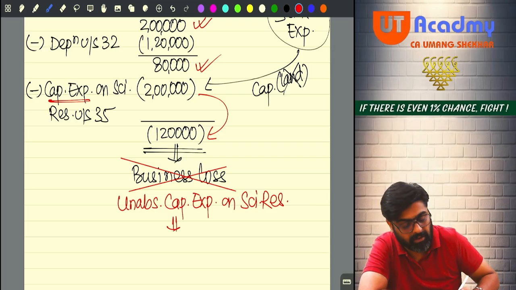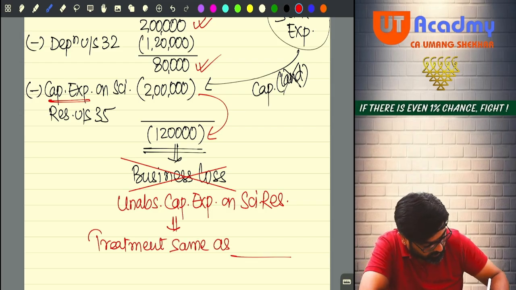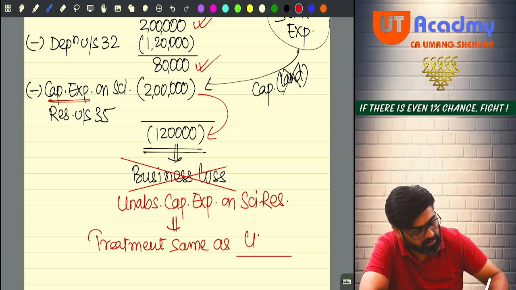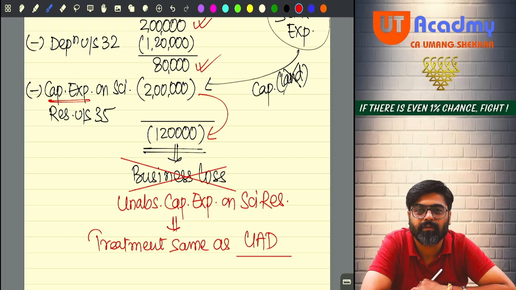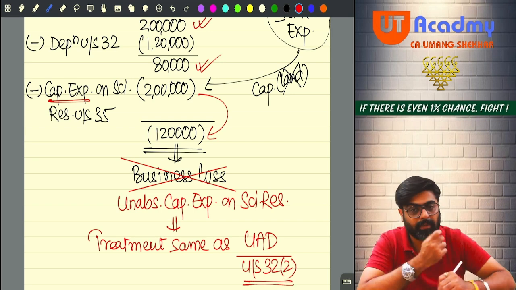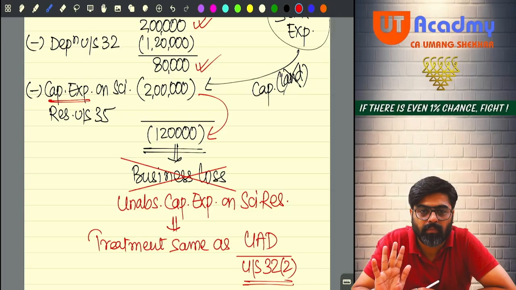And what treatment will you give? The treatment is the same as unabsorbed depreciation, which you give under section 32(2). What treatment can you give? Adjust it from any income of the current year except salary.